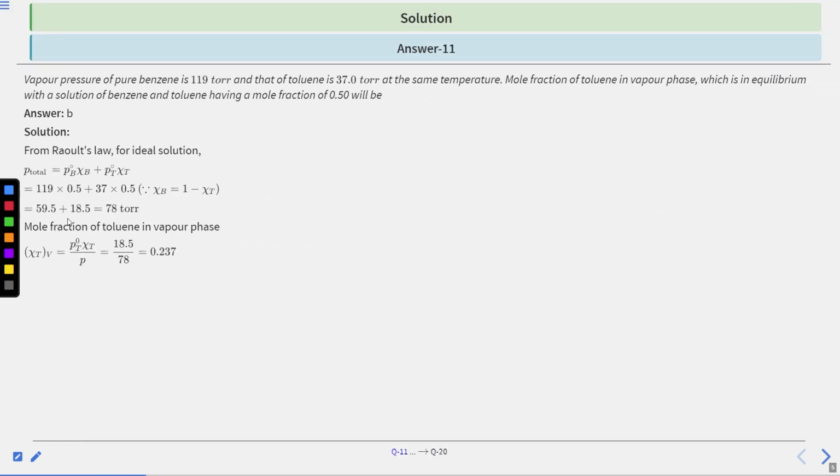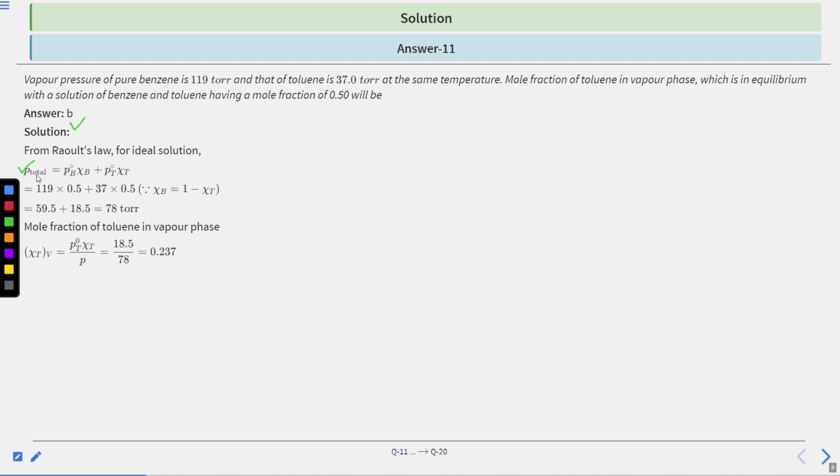Okay, so the correct answer is option B. From Raoult's law for an ideal solution, we know that the total pressure is equal to the sum of the products of vapor pressure and mole fraction of the components. So we have benzene and toluene, and we put the values given in the question into this equation.